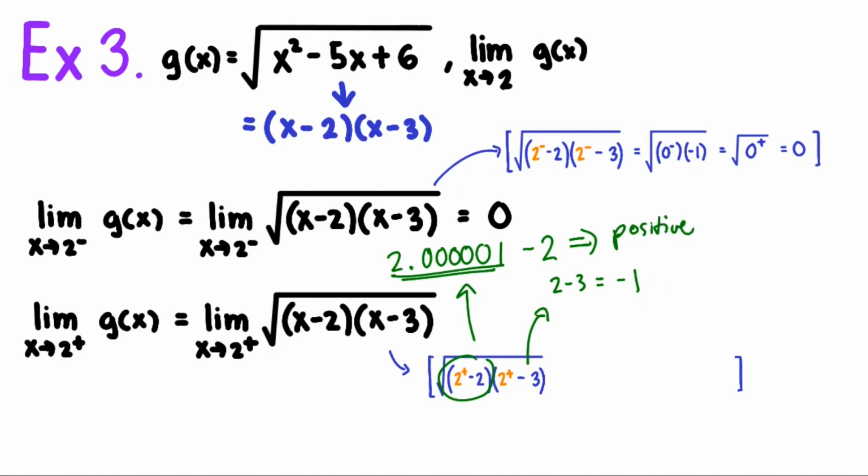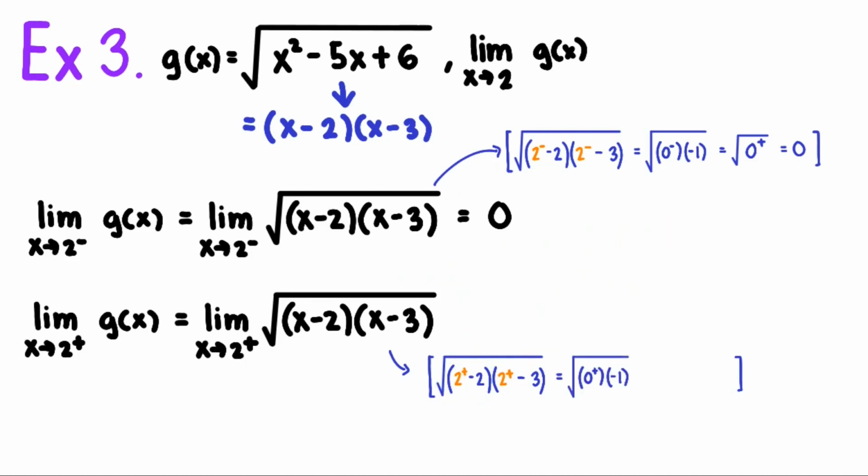So we have values from the right of 0 and negative 1. And take note of this. We have here a negative value, and we have here, from the right of 0, those are positive. So when we multiply these two, the outcome is negative.